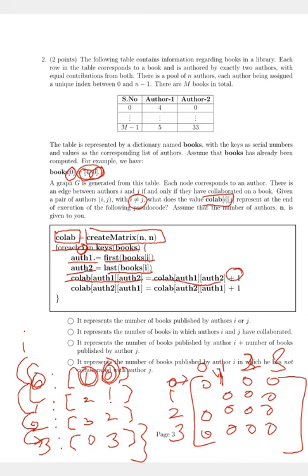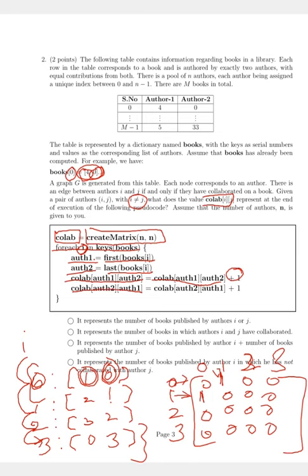Now we do the same for the inverse of them. Because if author 1 has collaborated with author 2, it obviously makes sense that author 2 has also collaborated with author 1. So again, at the row 1 and column 0 also we increment the value by 1.